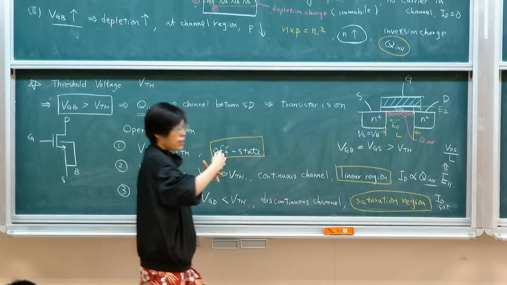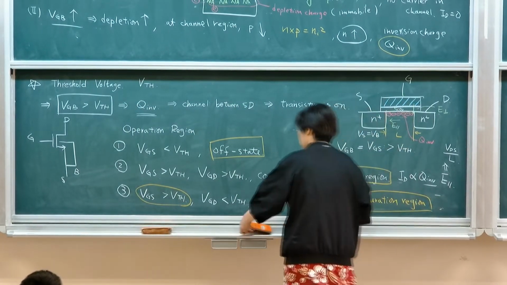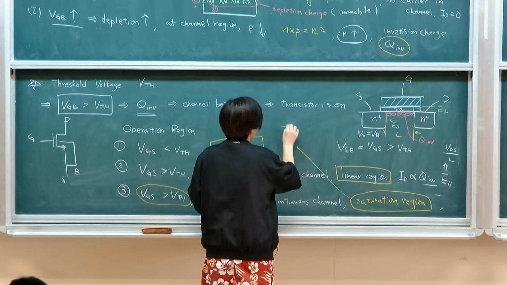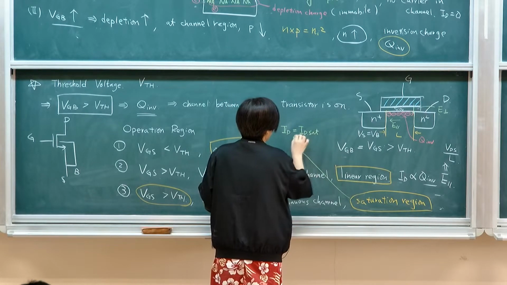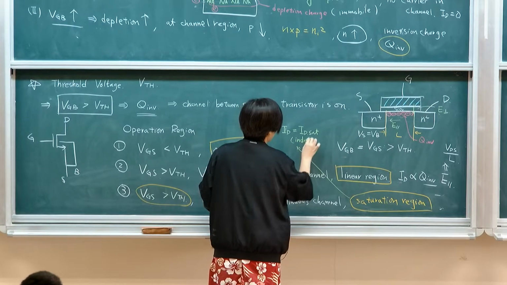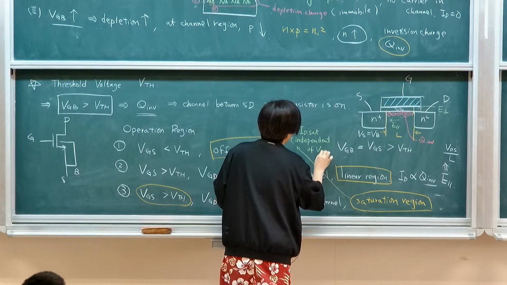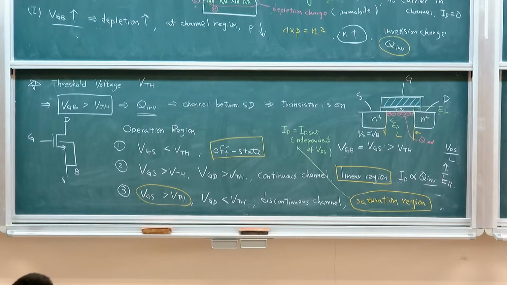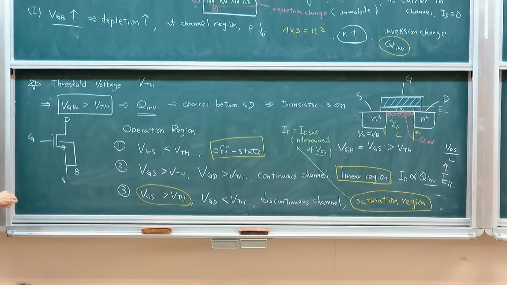It will reach a saturated state, ID set, and it becomes independent of VDS. Of course, it's first order. So we're going to explain why in a little bit.